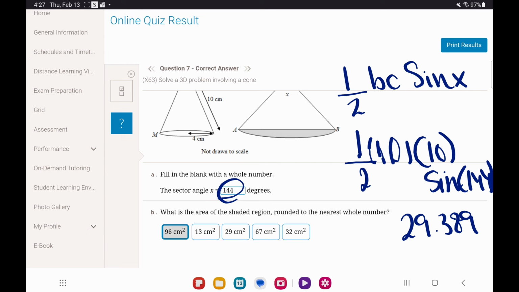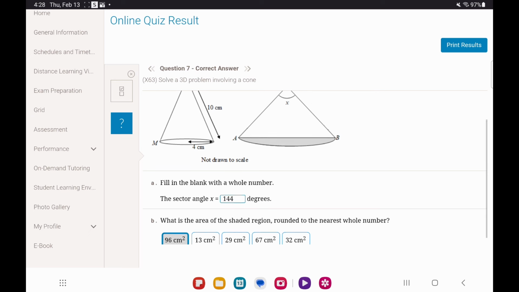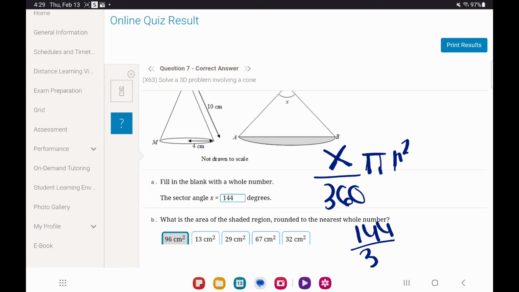Now we found that. Now let's find the area of the sector. The area of a sector is x over 360, and then pi r squared. So r squared here is 100. So 144 over 360.